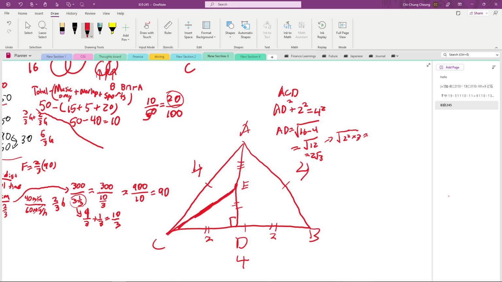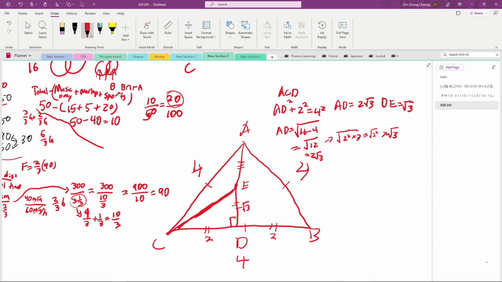I'll just do it slowly. 2 squared times 3, times square root 3. And then 2 squared square root is just 2 root 3. So AD equals 2 root 3, which means, since DE is half of AD, DE equals root 3. Let's fill that in.